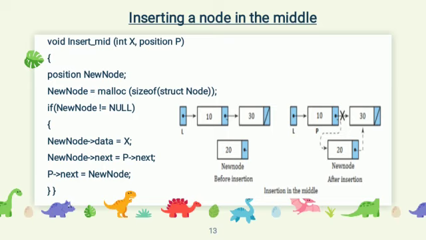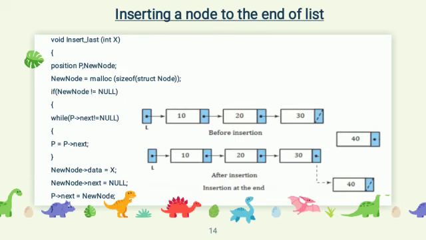Next, we change the next of p value, that is the next of the input position node, to the next of the new node. Then, we store the new node's address in the next of p, that is the next of the previous node of the new node. These are the steps used to insert a new node in the middle of the list.